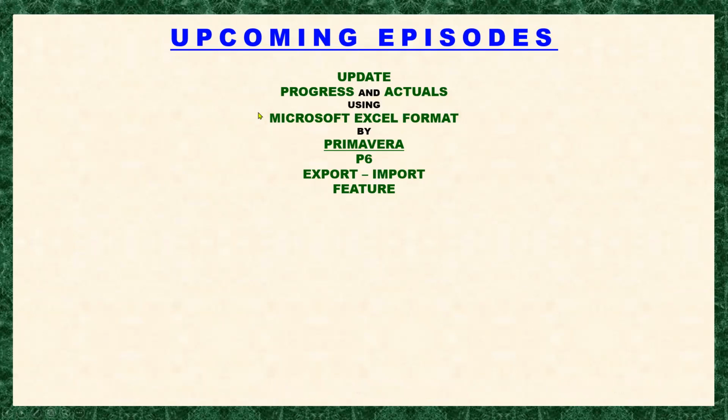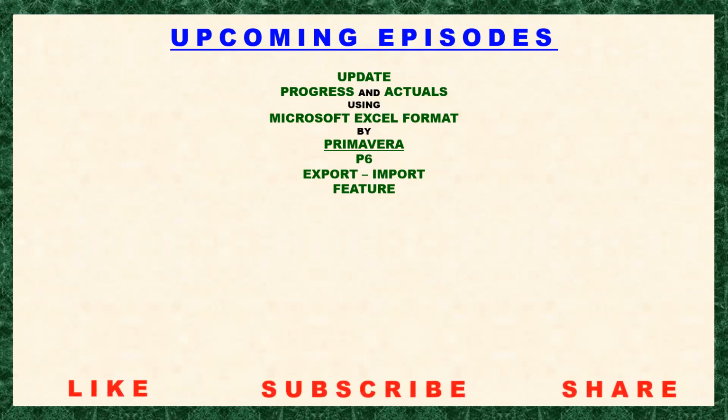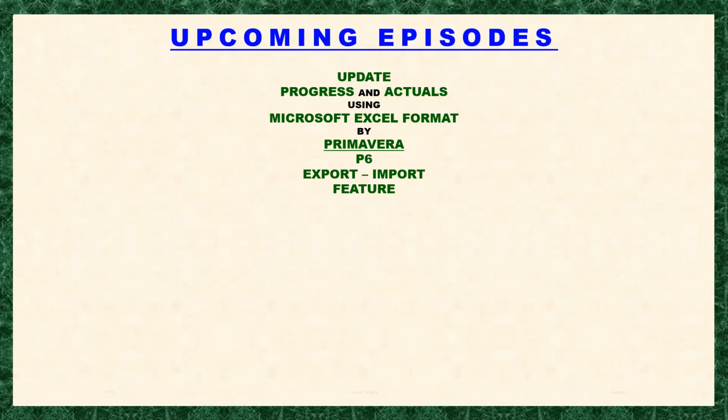This is only very useful when we have thousands of activities to update, because in some other big projects, in every period, there is a bulk number of activities being updated.